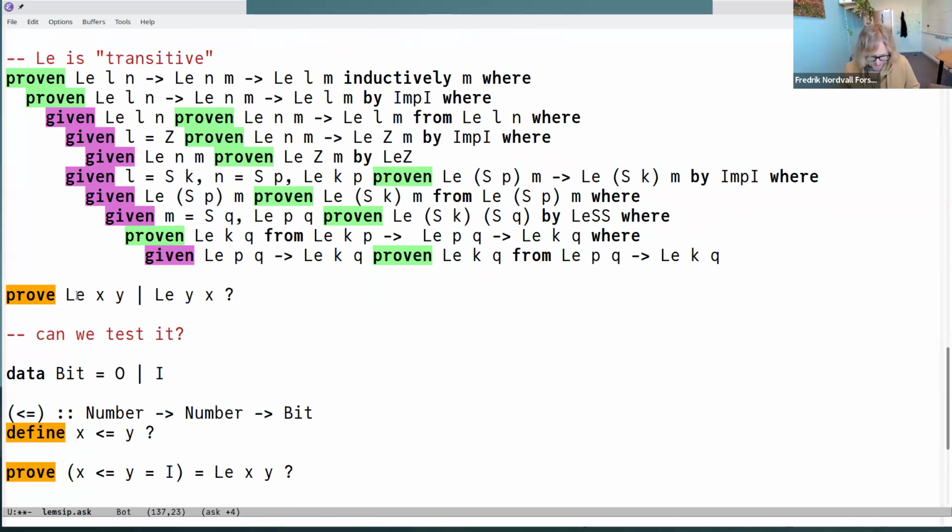And because it's less than or equal to, these are really the only 2 cases. If it was a so-called strict order, then there would be 3 cases: either x is strictly smaller than y, x is equal to y, or y is strictly smaller than x. But in this case, we have included equality in the order itself, so there are only these 2 cases. Whereas if x is actually equal to y, then both of these would in fact be true. Okay, so how would we prove this?